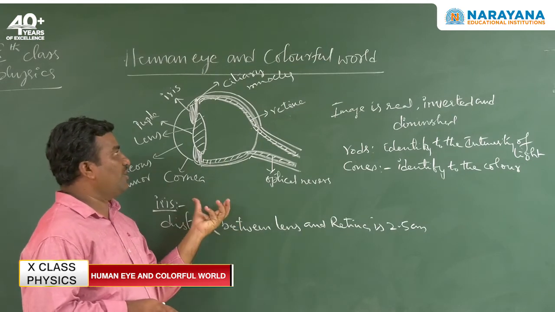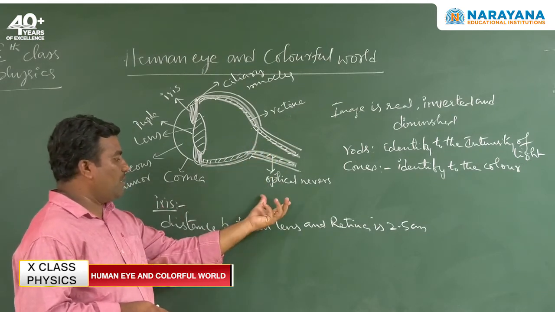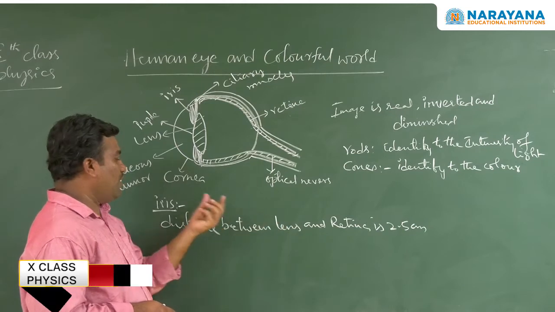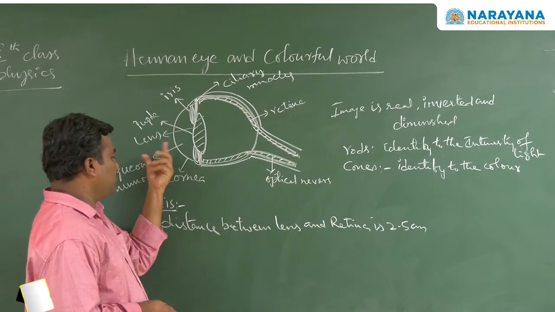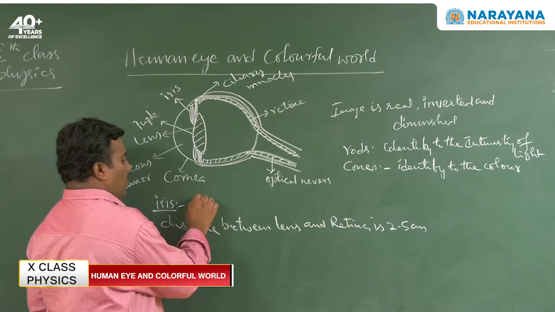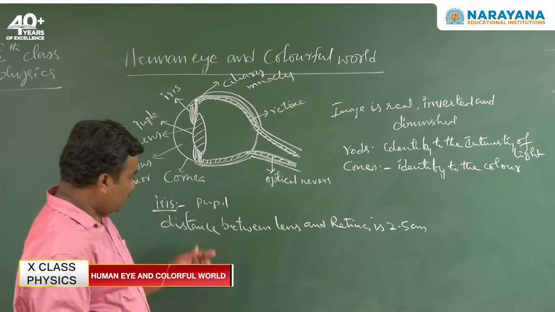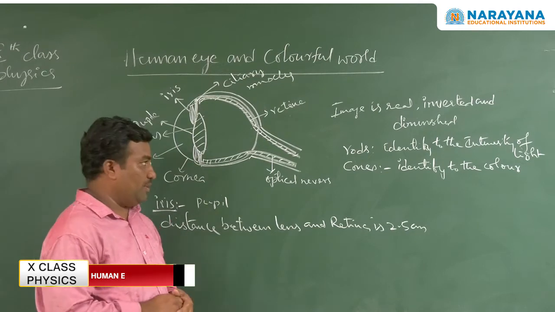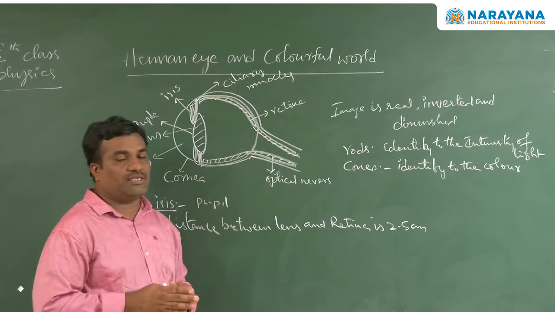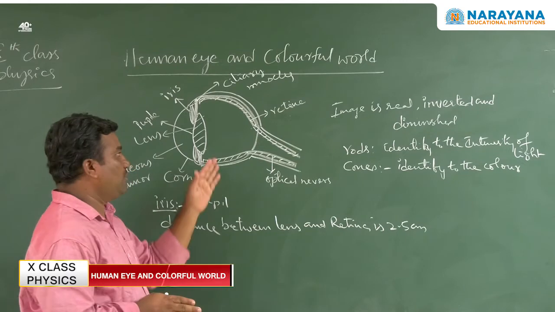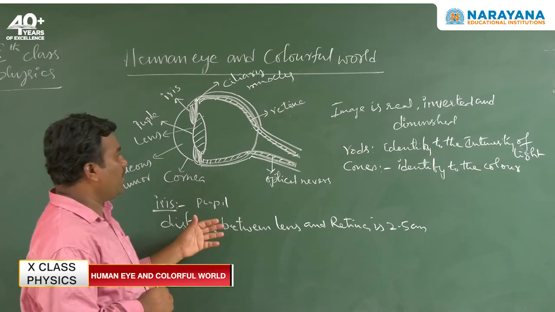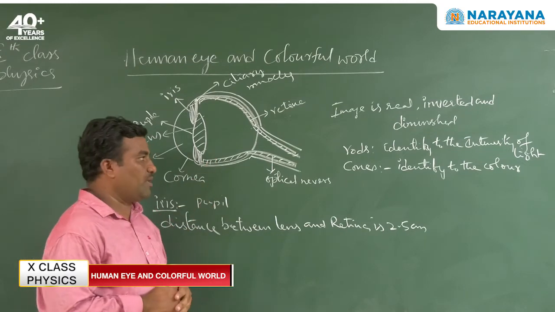Again, we can observe the retina, optical nerves, cones, rods, and iris, pupil. The pupil appears black. The iris controls the pupil, and the retina is where images are always formed.